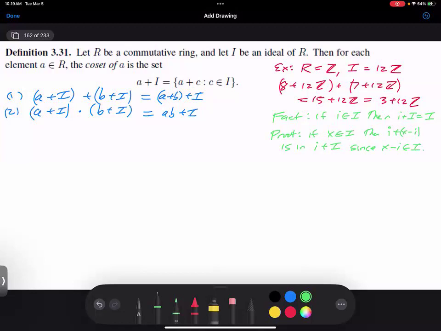I want to show that if I take any element little i in big I, then the coset little i plus I is the same as I. And the reason is that coset is everything of the form a plus something in I. Or here it's going to be little i plus something in I. And so since x is in I, am I allowed to do this? Yes. Do we know that x - i is in I?